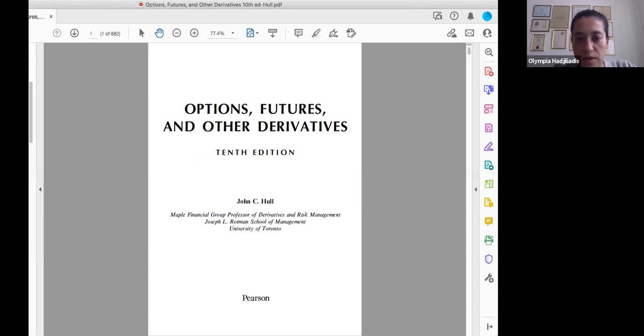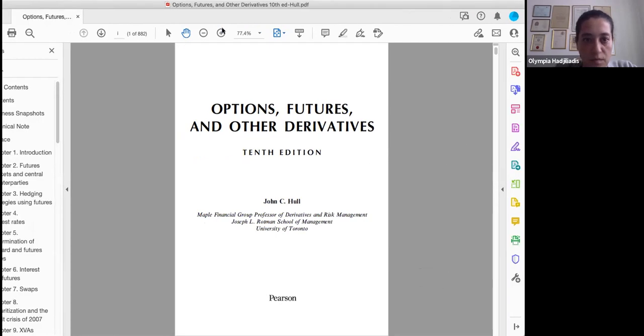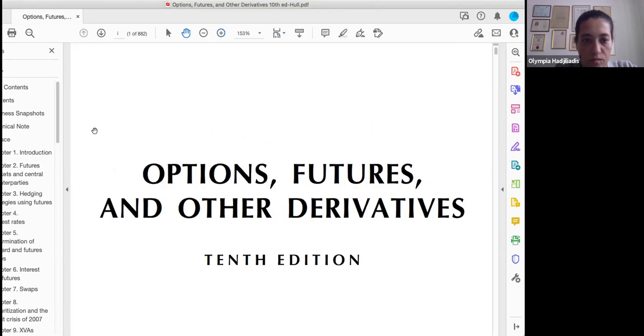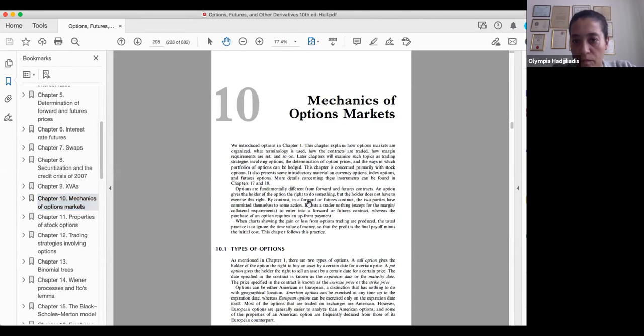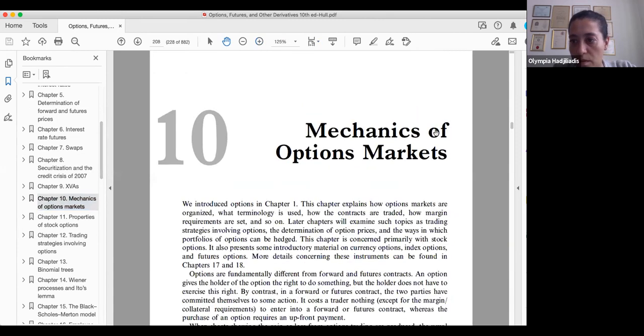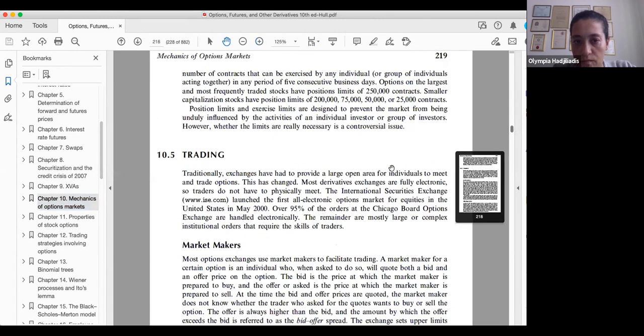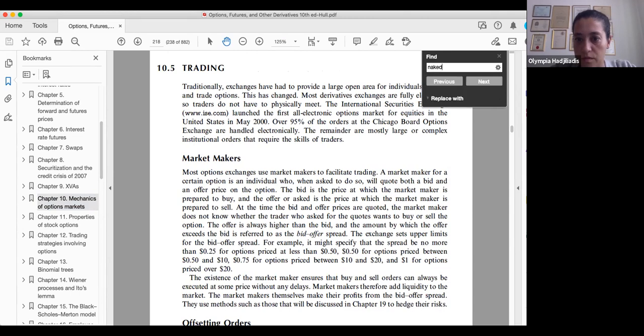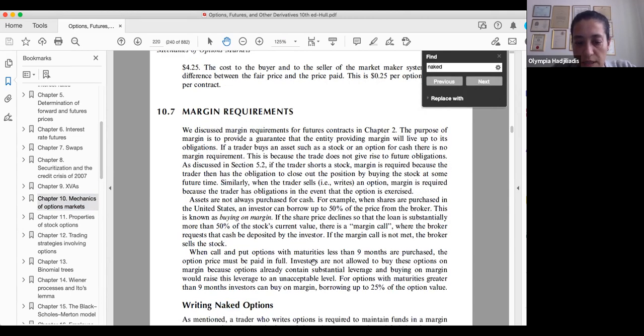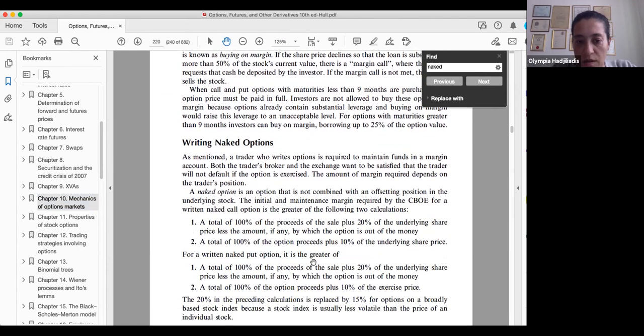Let's try to remember where these formulas came from. Chapter 10. So if you write naked call options, then the initial and maintenance margin required by the CBOE of a written naked call option is the greater of the following two calculations.